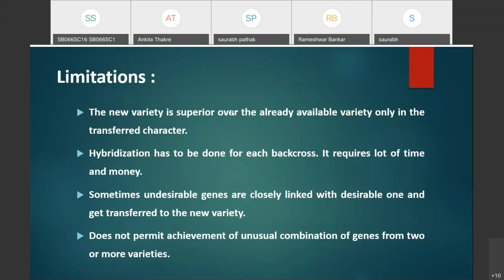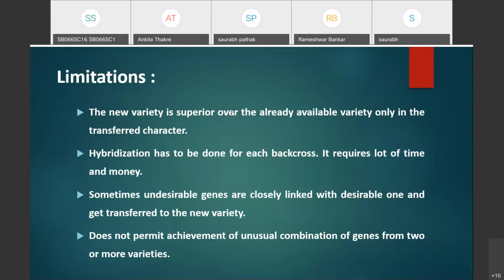Another limitation is that hybridization has to be done for each backcross, and it requires a lot of time and money.